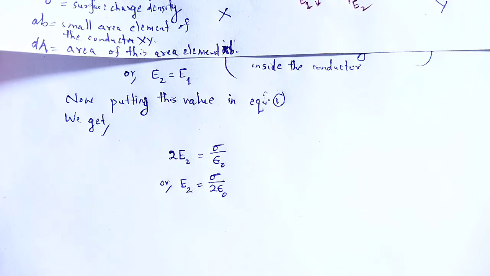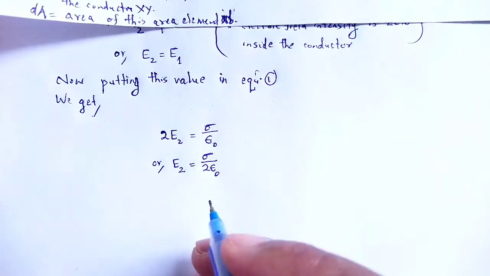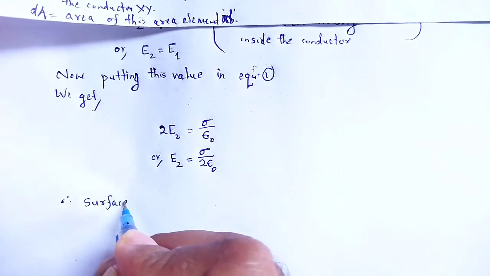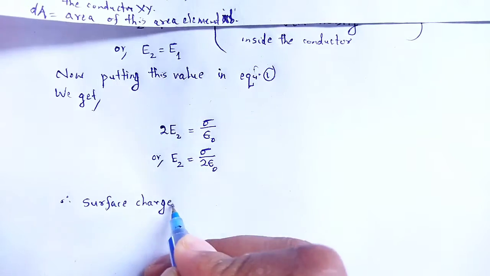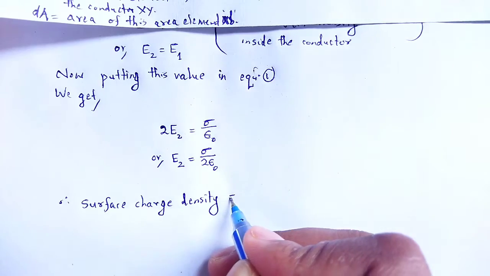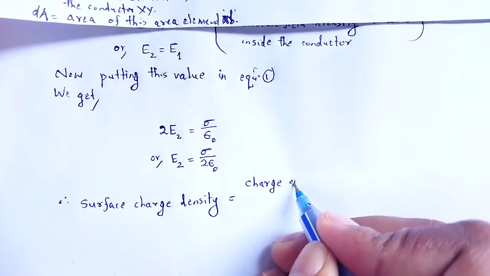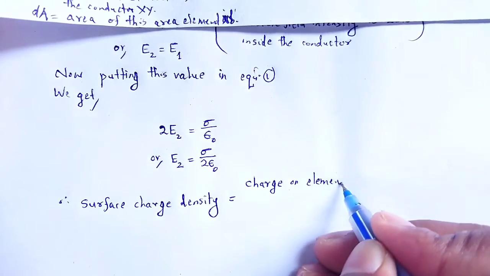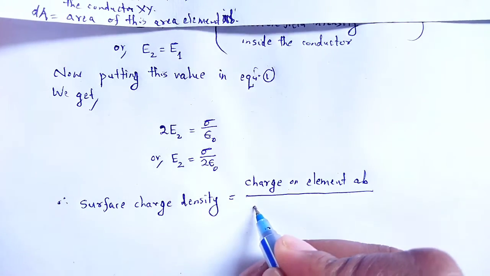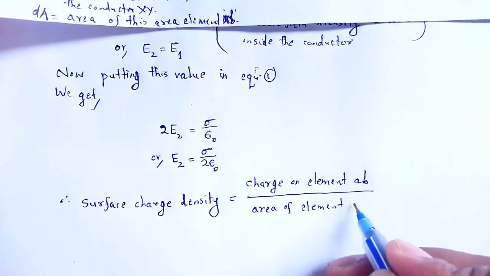Since the surface charge density is sigma, the surface charge density will be the charge on element AB divided by the area of element AB.